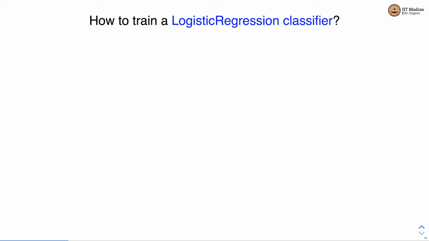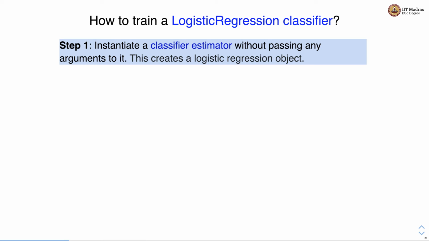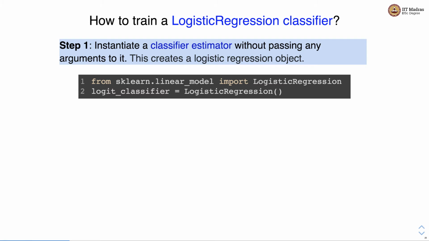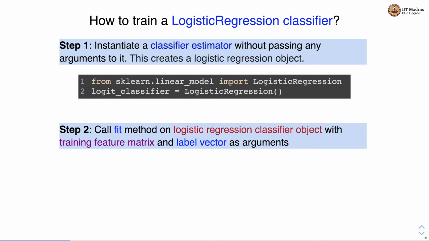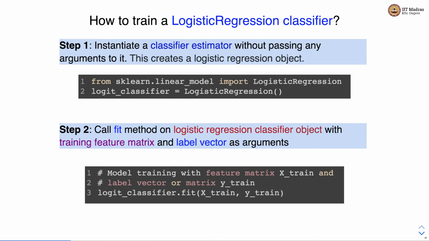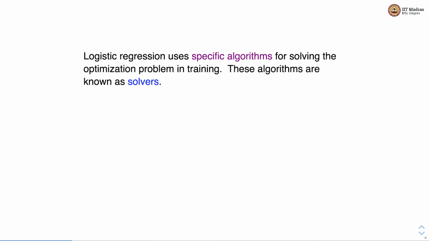So how do we train a logistic regression classifier? We first instantiate a classification estimator without passing any arguments, which creates a basic logistic regression classifier object. Then we call the fit method with the training feature matrix and labels as arguments. So that helps us to train the logistic regression classifier.